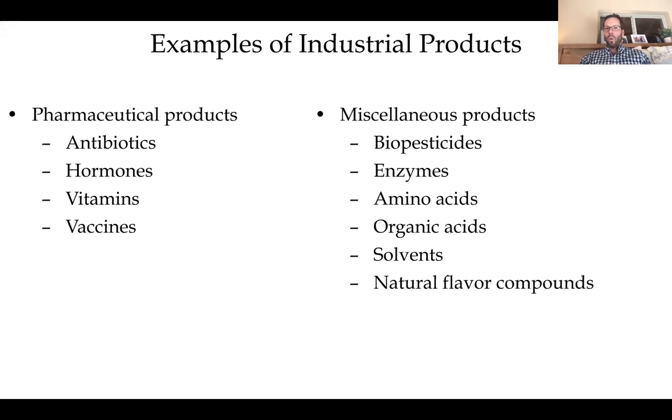But now we can just take the gene that makes that hormone and insert it into a bacterial plasmid, and then have the plasmids transcribe that RNA off of the plasmid, and then translate into protein, and then we extract it, purify it, and we have a lot more than what we could get from pigs.